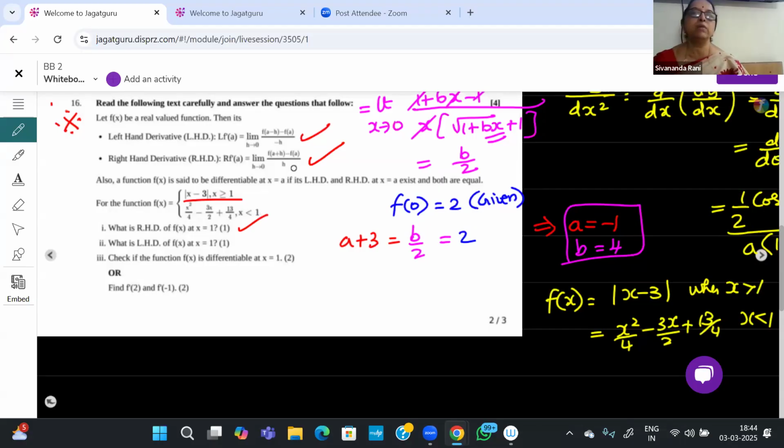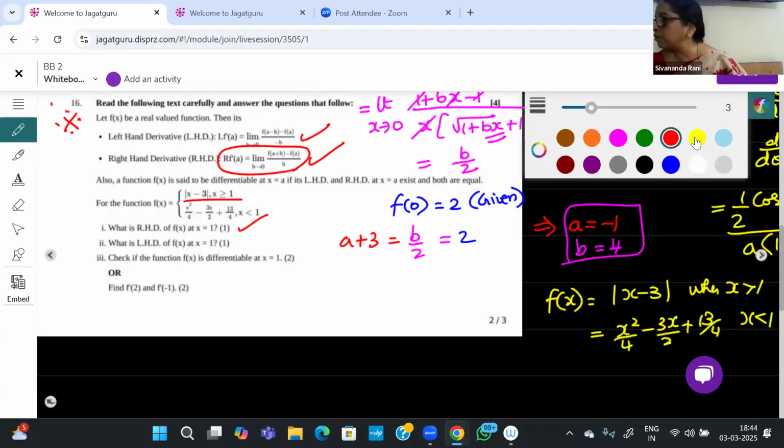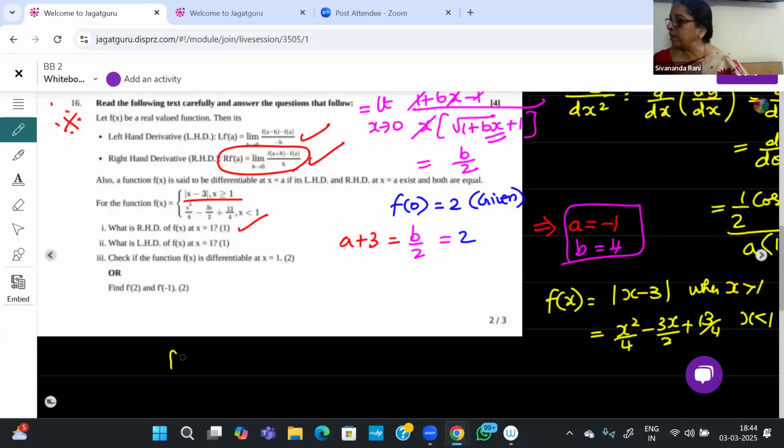So which definition holds good? This one. The RHS derivative at 1, f dash of 1 towards the right.